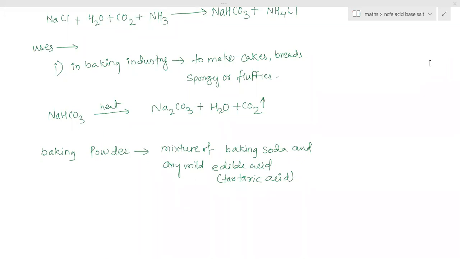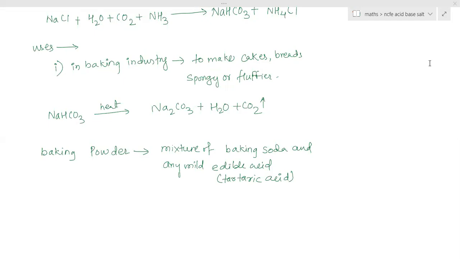To remove this bitterness, tartaric acid comes into action. It combines with that sodium carbonate and neutralizes it. When it neutralizes, there will not be any base or any acid, so there will be a neutral taste. There will be the taste of the sugar you have added. It will not taste bitter. To remove the bitterness, tartaric acid is added.